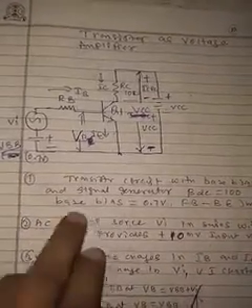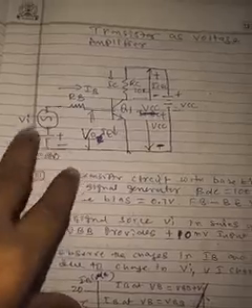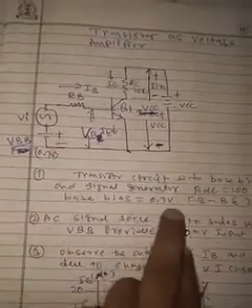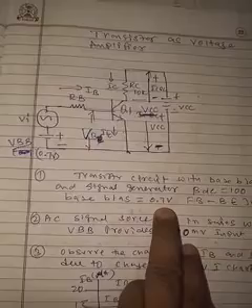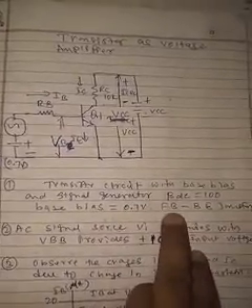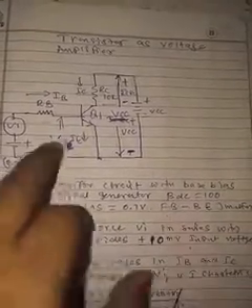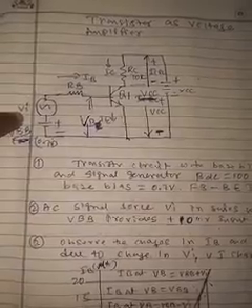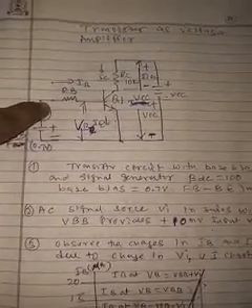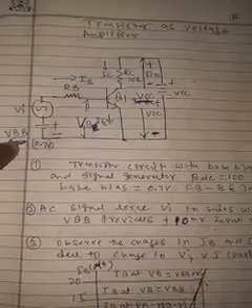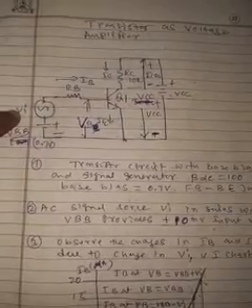Base bias, this one, nothing but the VBB, is nearly how much? 0.7 volts. The base and emitter is in a forward bias junction. The AC signal source, the voltage we want to amplify, we have to connect here in series with the VBB. You can see the VBB is in series with the input voltage, the signal we want to amplify.